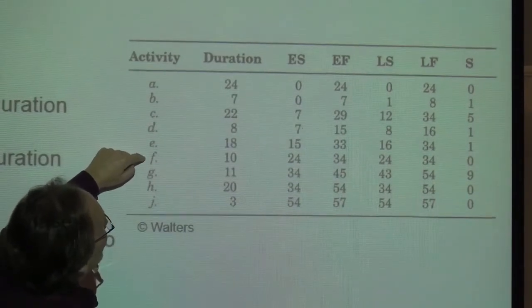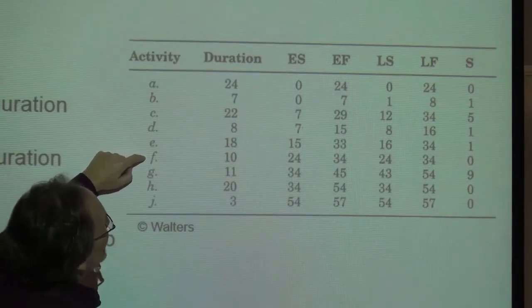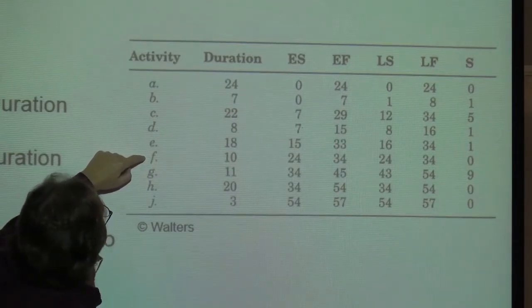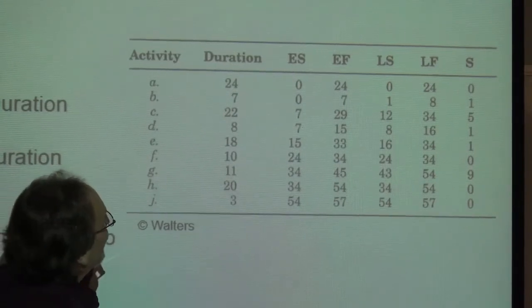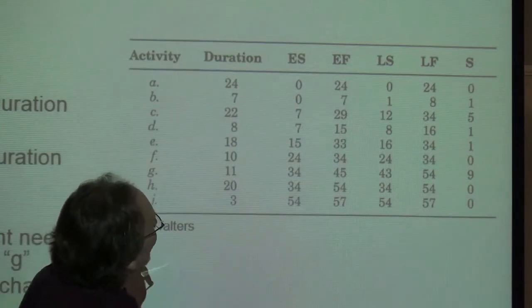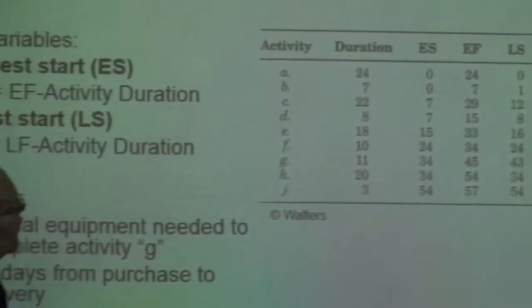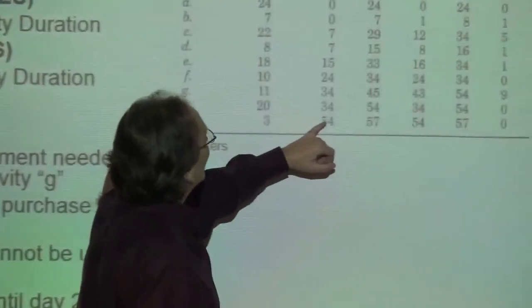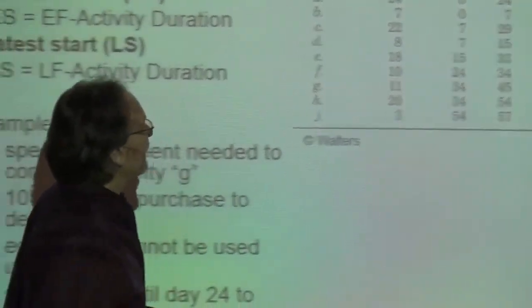The earliest start and the latest start are the same. Earliest finish, latest finish are the same. And for each one of those, slack is 0, except for the last one, of course, because that's the final activity. But we really can't start that until we finish the previous activity.